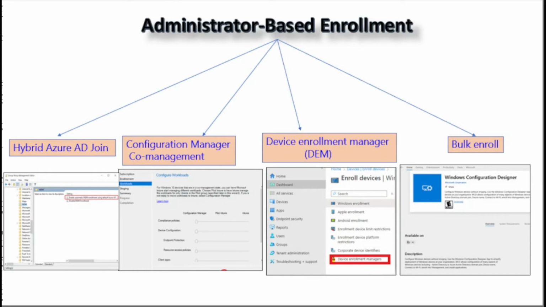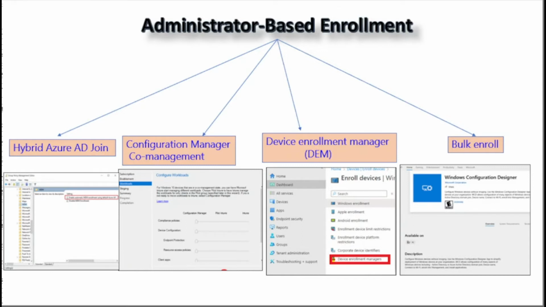A DEM is a non-administrative user who can enroll devices in Intune. Device enrollment managers are useful when we need to enroll and prepare many devices for distribution. A DEM account can enroll and manage up to 1,000 devices, where a standard non-admin account can only enroll 15 devices.